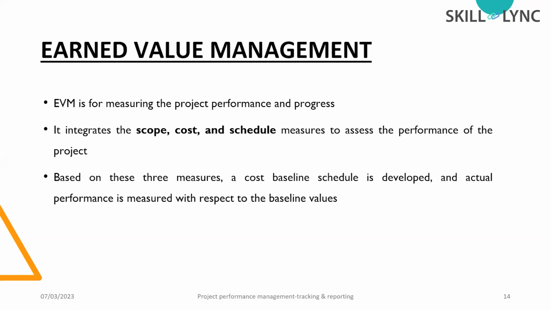In order to measure the performance of a project, we are using one method that is known as earned value management. So this is a method that helps to measure the project performance. Here we will integrate and measure all three triple constraints. Because we already learned that in order to measure the performance of a project, we need to consider those three factors: scope, cost, and schedule.